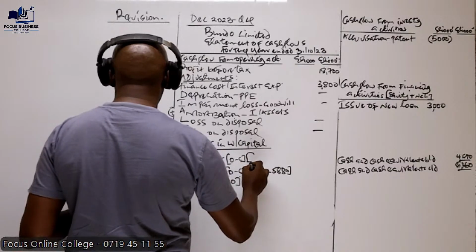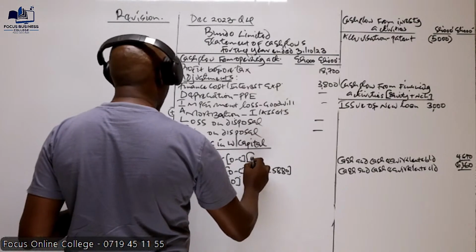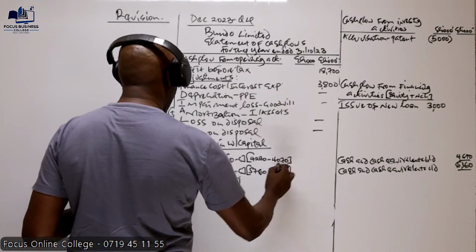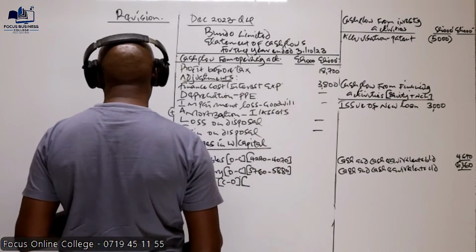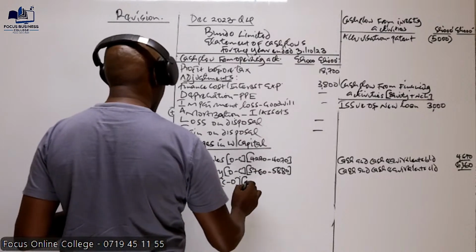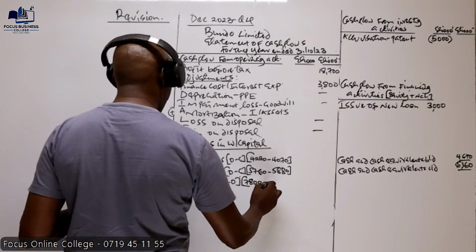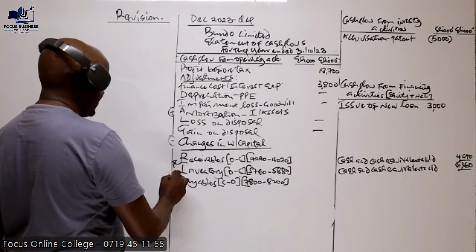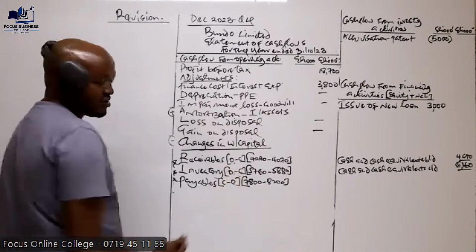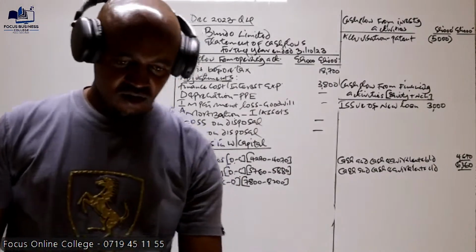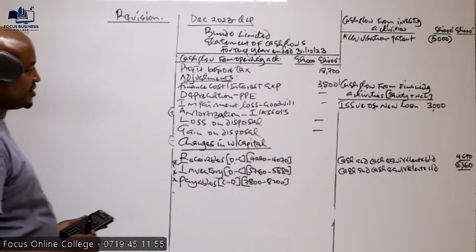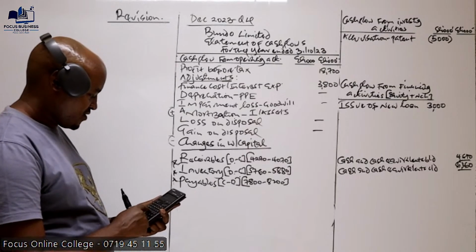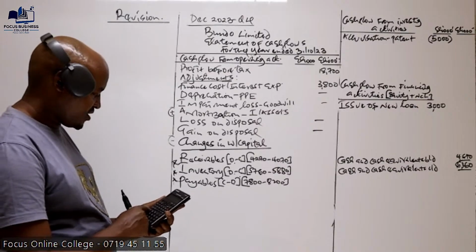Receivables, we do the same. We take opening 4290 minus closing 4070. And then for payables, we do the same, but we take closing minus opening. I've said these are free marks, provided you can record those formulas there. So let's work this out. We start with the receivables. We have 4290 minus 4070.